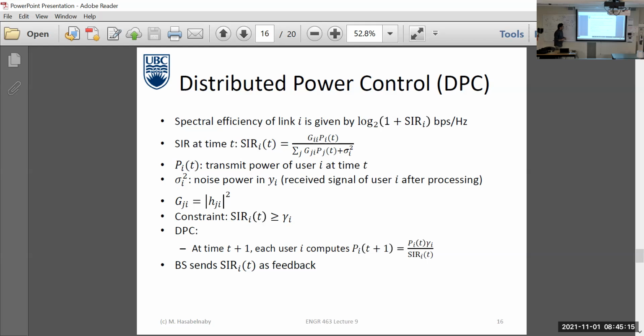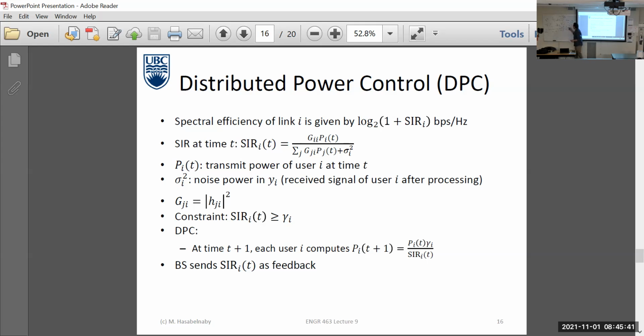How can this be done? Here is the equation of signal to interference noise ratio. This is the received power of user 1 divided by the total interference from all other users.